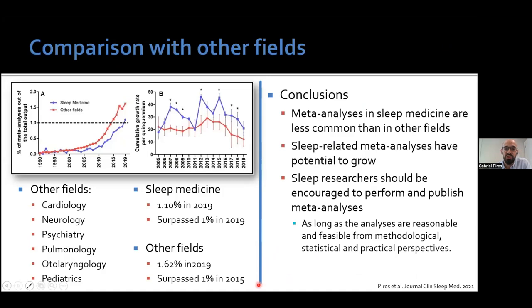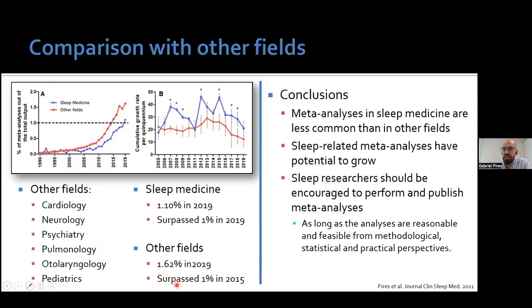My strategy to solve this simple question, is that sufficient, was to compare sleep medicine to its parent fields, the fields from which sleep medicine was born, basically cardiology, neurology, psychiatry, pulmonology, ORL, and pediatrics. So if we compare all these fields all together, more or less 1.62% of the whole publication output were meta-analysis in 2019.